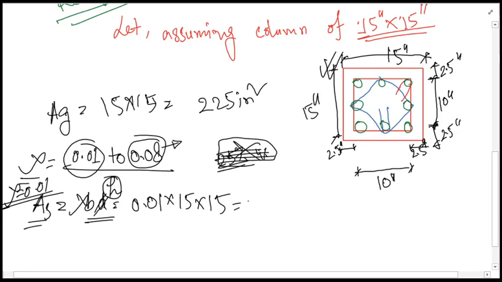From this calculation you will get 2.25 inch square. So a minimum of 2.25 inch square reinforcement must be provided within this column if the dimension is 15 inch by 15 inch.